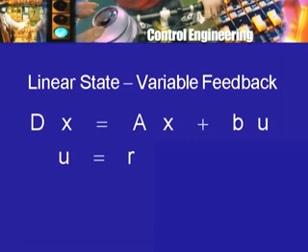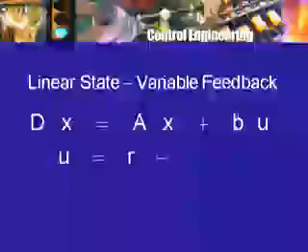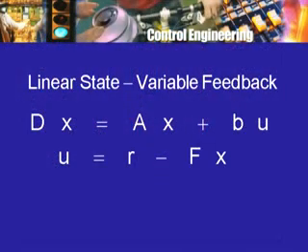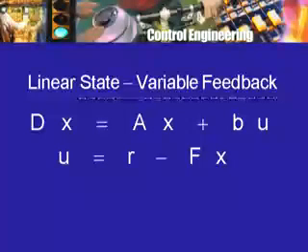Remember, earlier diagrams had a reference input on the left hand side, the reference vector r minus, I will still keep the minus sign, although the minus sign can be replaced by plus, minus something that depends on x, the variables which we are trying to control, whose behavior we are trying to improve. So, one can think of it as, let us say, f(x), some linear combination of the state variables. So, this is known as state variable feedback.